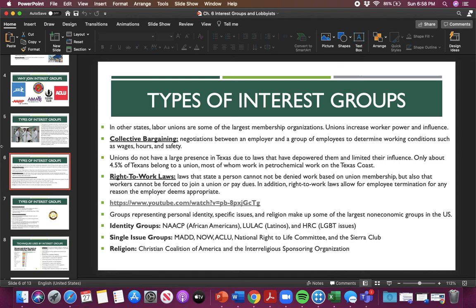So first is our identity groups. Identity groups are the ones that you belong to, or you can belong to because of some inherent quality about yourself. So the most well known is the NAACP, the National Association for the Advancement of Colored People.